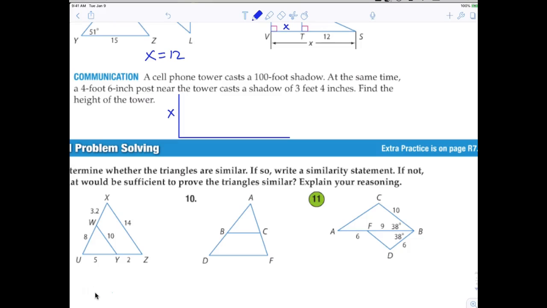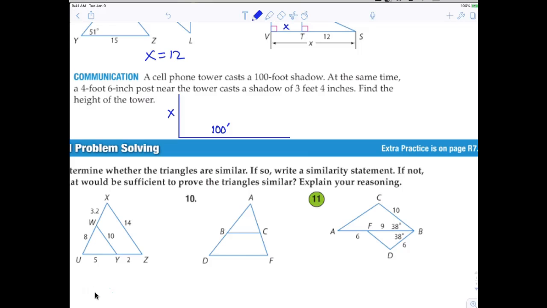But I do know that my shadow is what? 100. It's 100 feet. All right. Now, I am going to say this, because I know it sounds really silly: the shadow is always on the what? On the floor, on the ground.